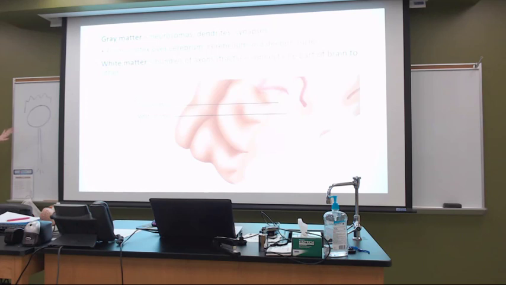This is not how all nerve cells are going to look, though, depending on what area they're in. But in the gray matter, this portion would be in the gray, and then this portion would be in the gray.